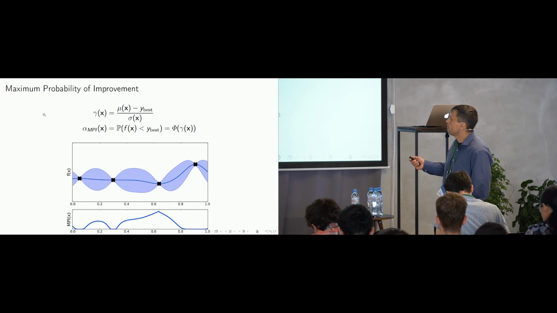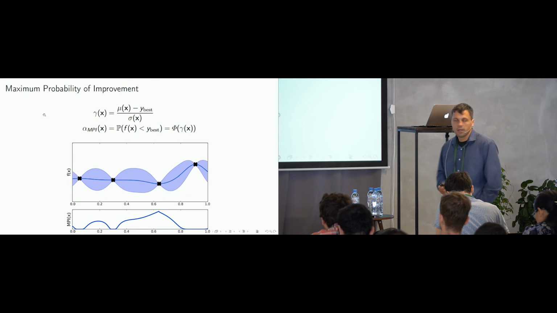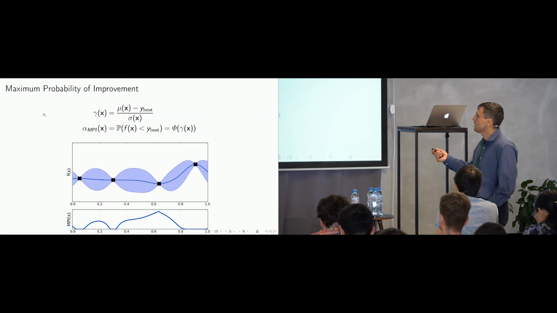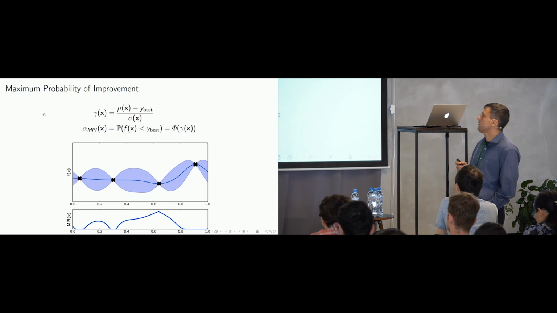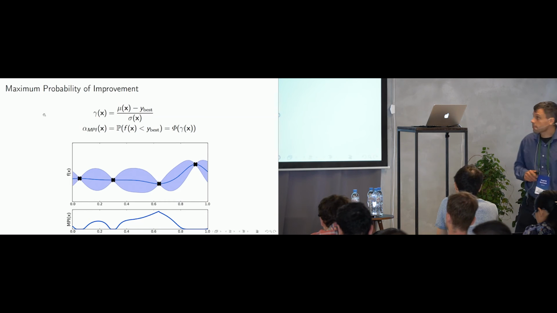We calculate the difference between mu of x and the best value of the process observed so far, and normalize it with respect to the posterior variance.